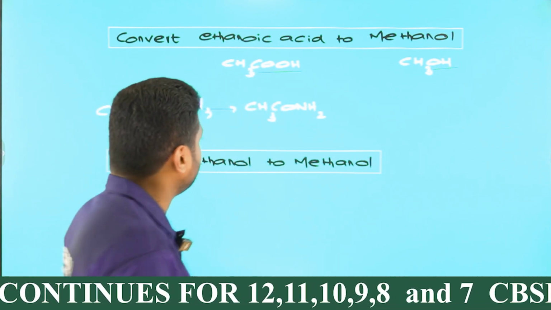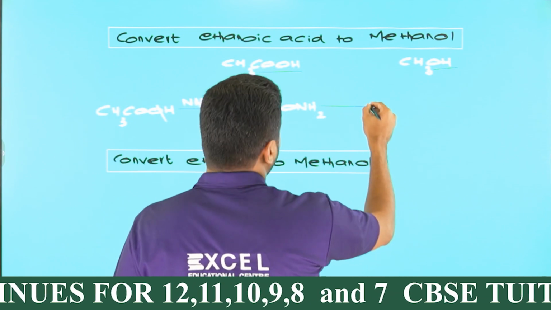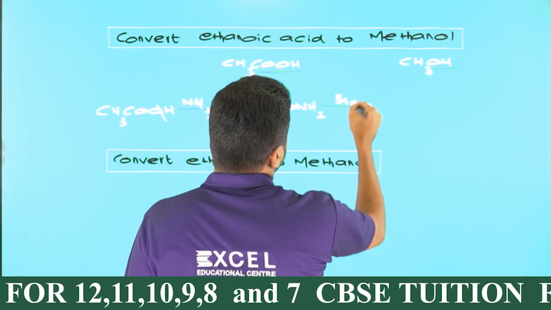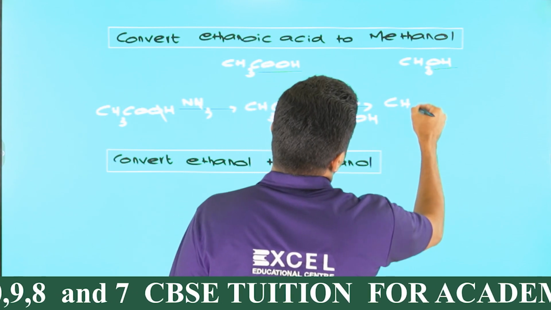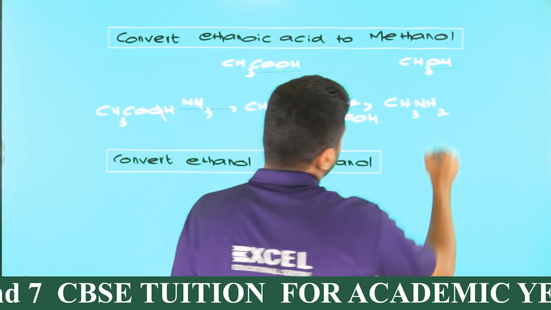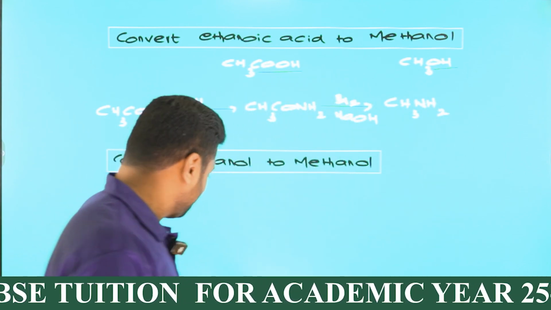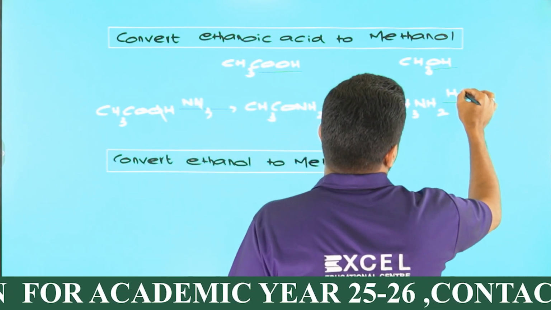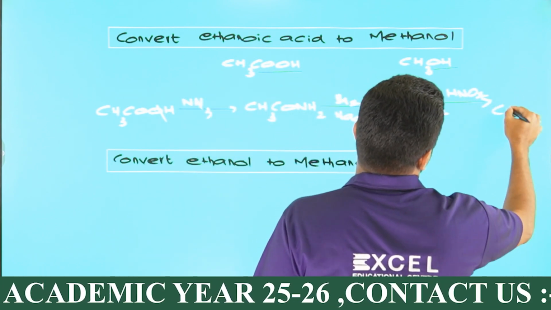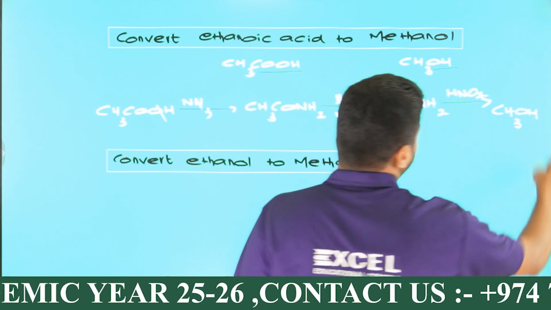So this acetamide I'm passing over bromine in presence of NaOH, getting primary amine, CH3NH2. Passing over HNO2, this NH2 will become OH. Hope you are fine, I guess, right?